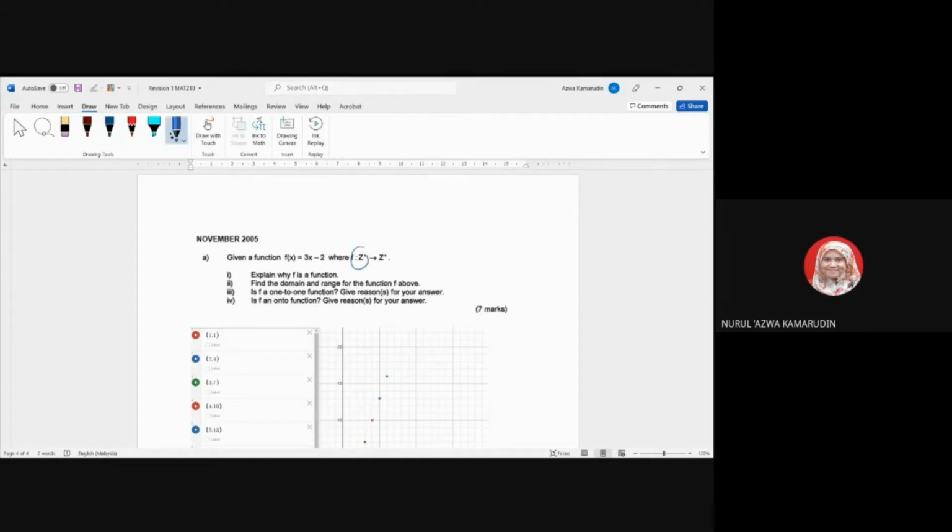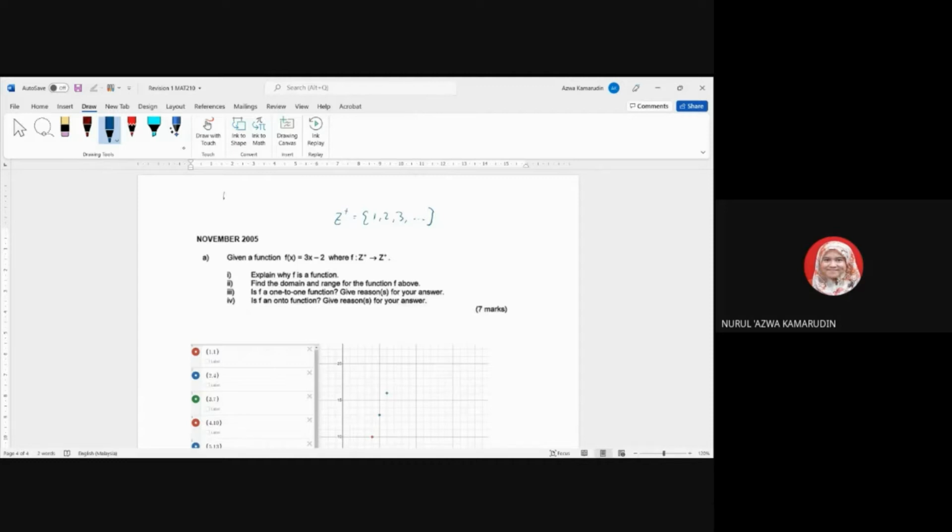So when it is Z positive, you have to consider 1, 2, 3 and so on. Decimals and fractions are not considered, because those are only in R.